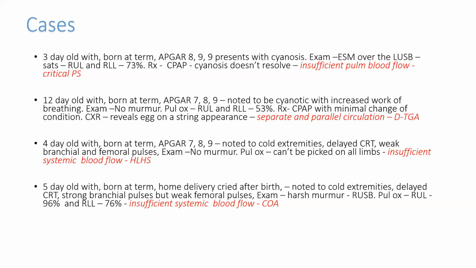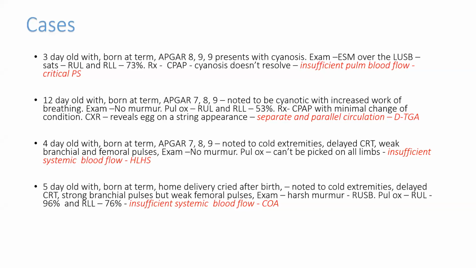Then the last baby, born at home, cried after birth, had cold extremities again, delayed capillary refill time, but the brachial pulses were fairly palpable and strong, with weak femoral pulses and a difference of saturation between the upper and the lower limbs. The main pathophysiological mechanism in that baby is insufficient systemic circulation due to a critical coarctation of the aorta.